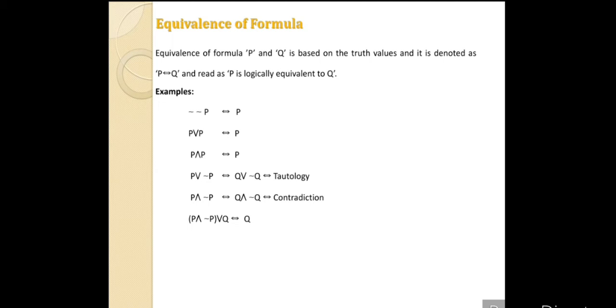Then false or Q, here it will depend on Q. If Q is true, then false or true will be true. If Q is false, then it will be false or false. Means finally it depends on Q. That's why P and not P is false, and false or Q is Q.